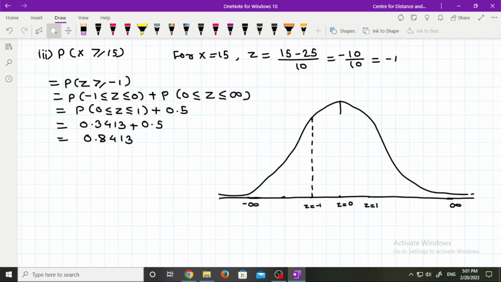This is our z is equal to 0, and this area is our z greater than or equal to minus 1.